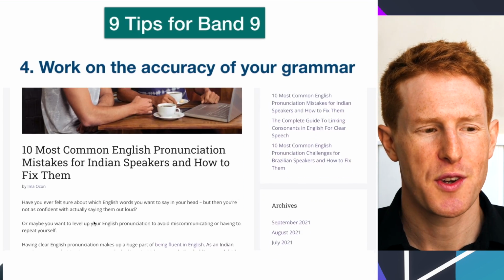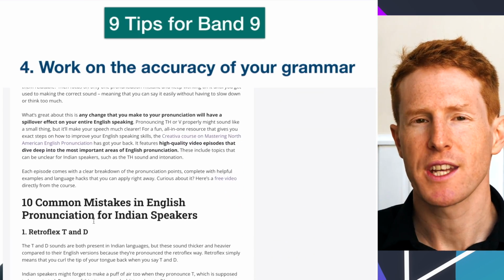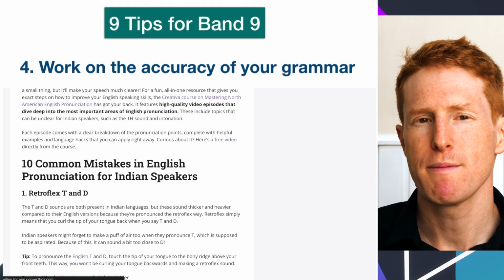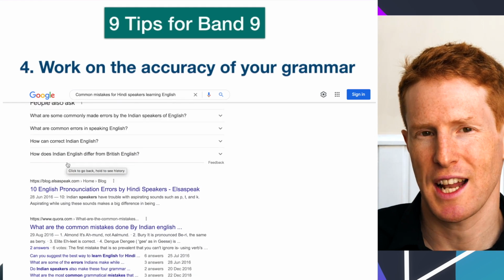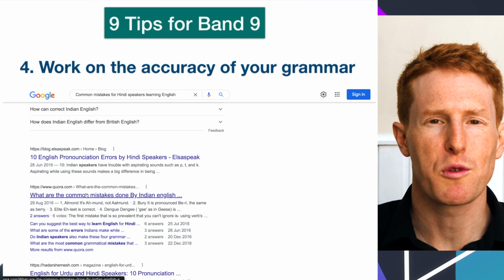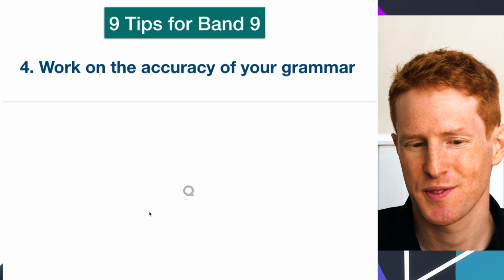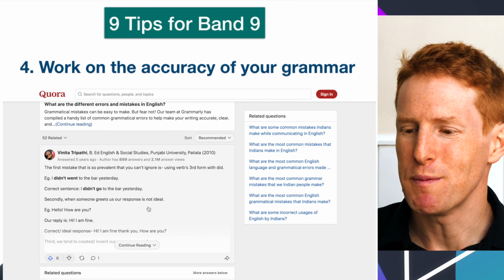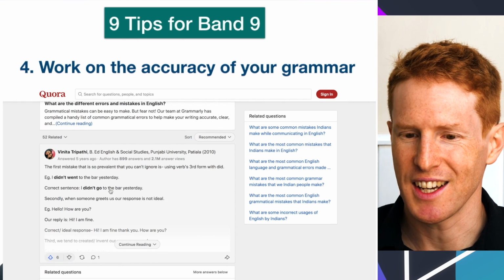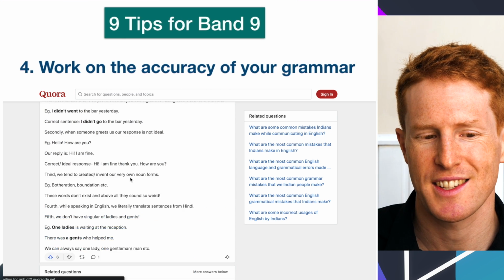And that's going to show you a lot of websites that present the common mistakes for people who are learning English with your first language. So for example, if you're a Russian speaker, you're likely to struggle with articles. Now, you should research what are the common mistakes for people with your first language learning English. You're likely to be making a lot of those same mistakes.